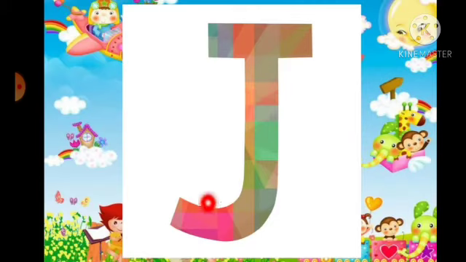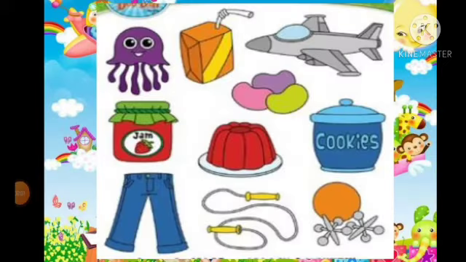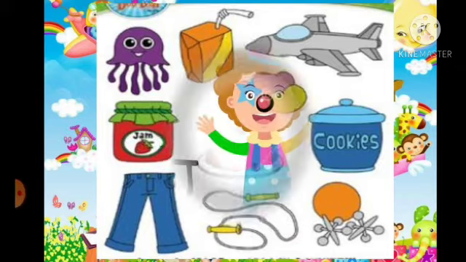Yes, this is letter J. This is capital letter J and this is small letter J, which makes the sound J, J, J. Okay children, now let us see some objects.